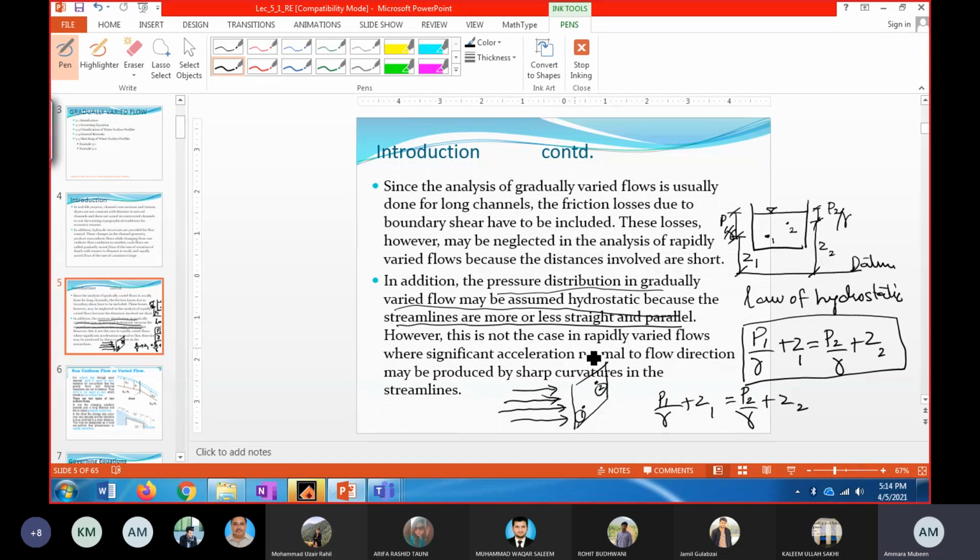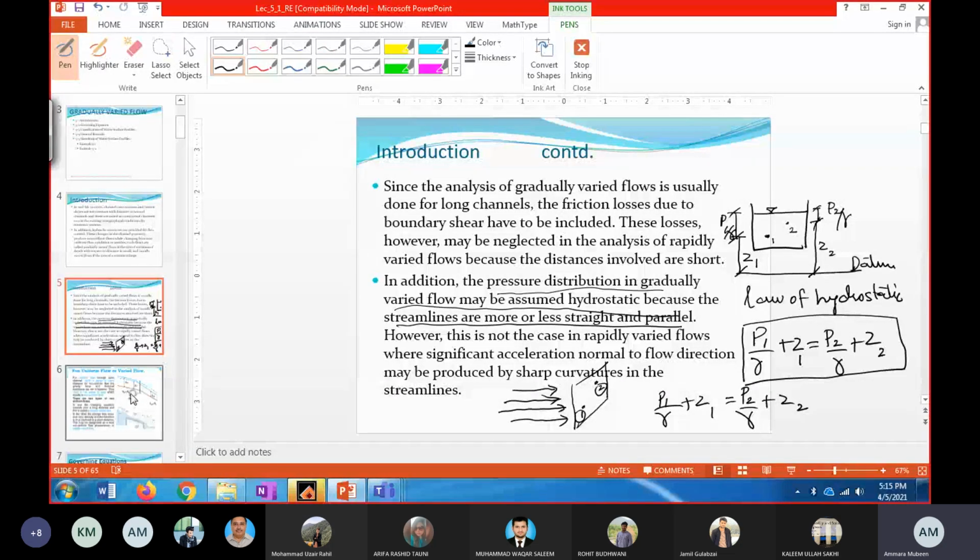However, this is not the case in rapidly varied flow, where there is significant acceleration normal to the flow direction, and that produces sharp curvatures in the streamline. So this law cannot be applied where you come across sharp curvature in a streamline.